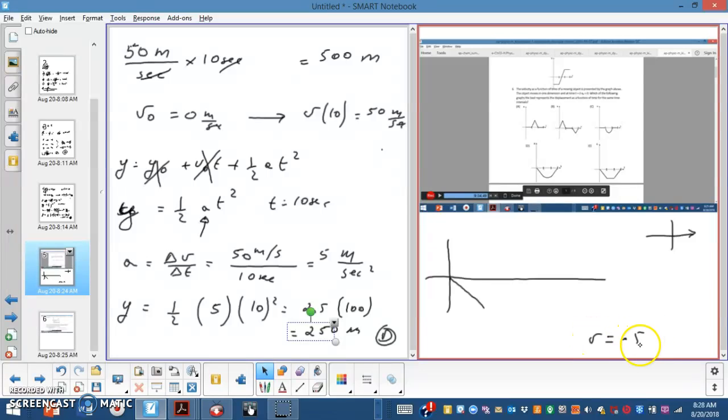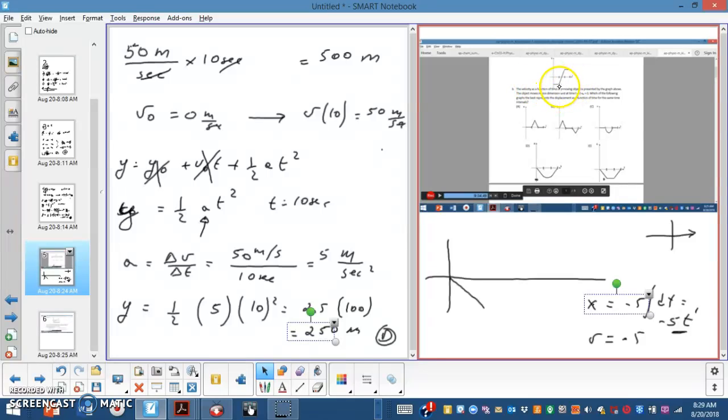If v equals -5, then your x is the integral of this, the integral of v dt. So you have to have a function which looks like -5t. So it has to be a line with a negative slope, a first order curve, so it has to be either this or this.